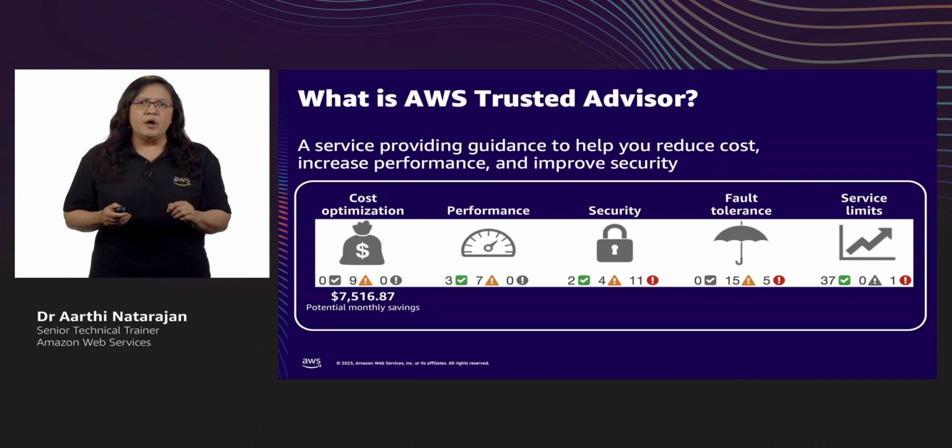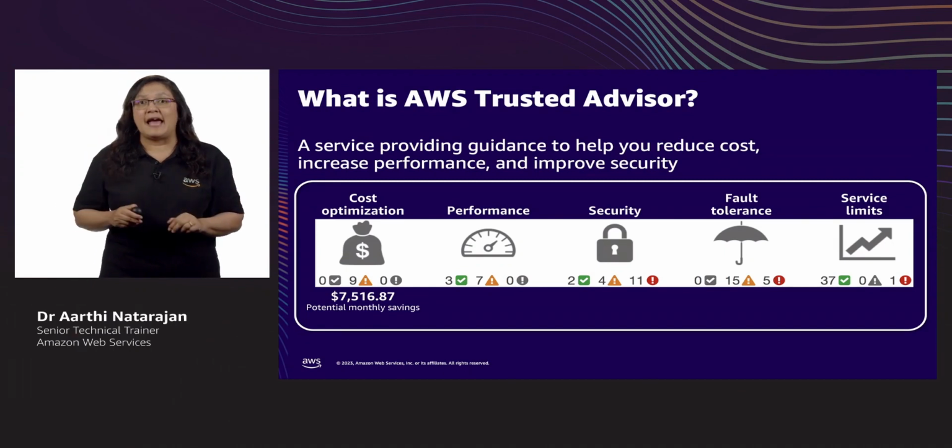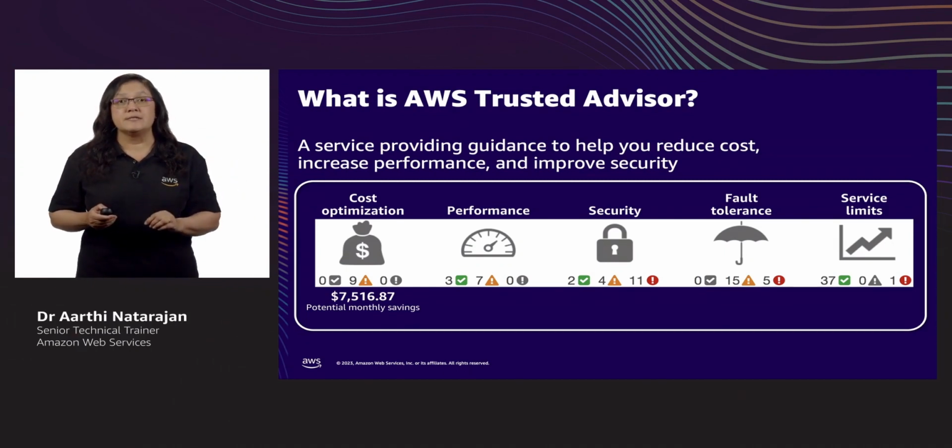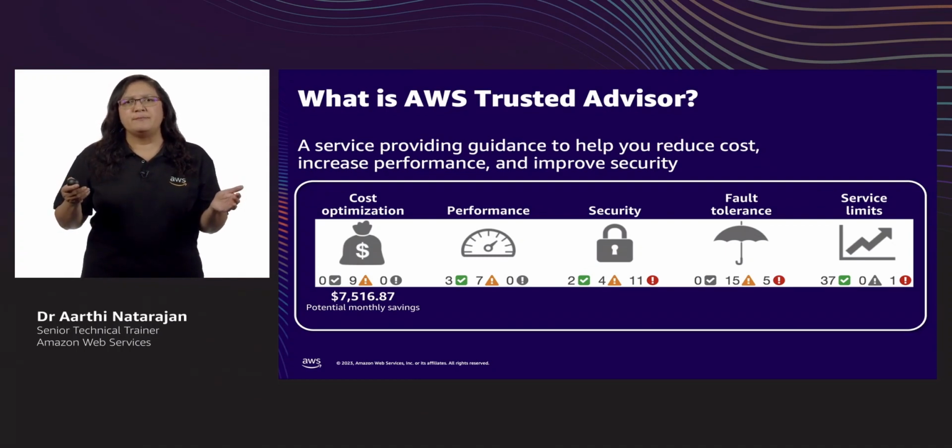If that availability zone were to have an issue, you could potentially lose your entire environment. So Trusted Advisor will give you a warning under the fault tolerance category, suggesting that you deploy your resources across multiple availability zones. There are many checks that Trusted Advisor performs, which are regularly refreshed to give you updates as changes to your account and environment are made.